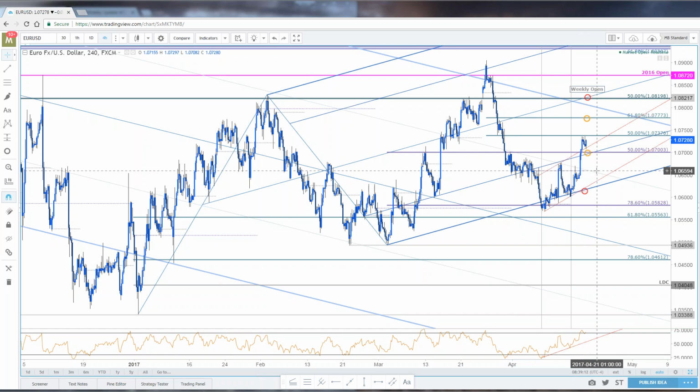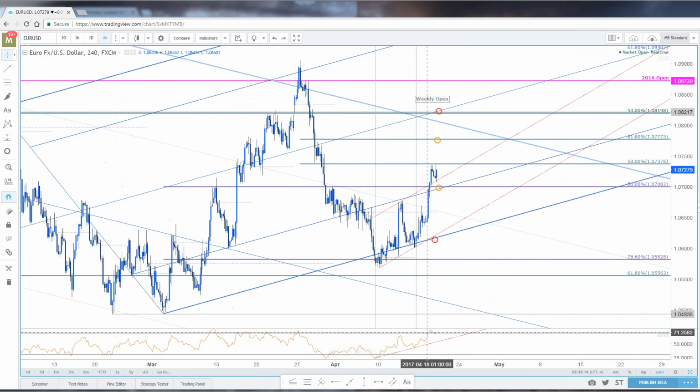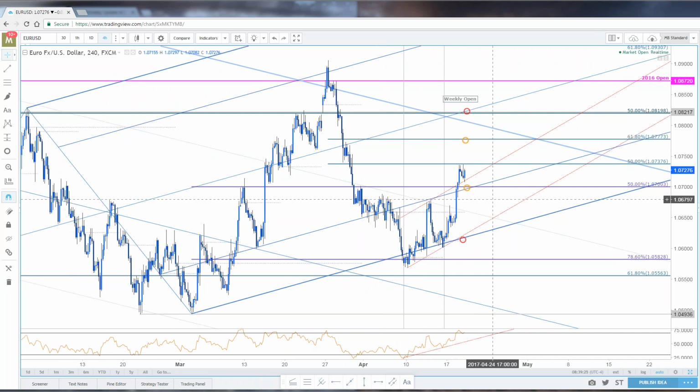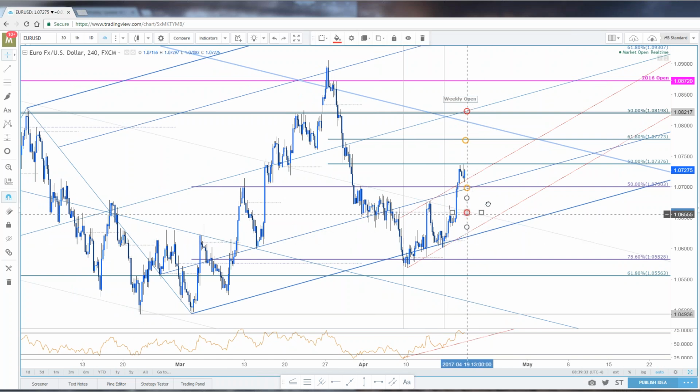So, near term, as long as we stay above that weekly, monthly open right here, the monthly open, 106.60, not 105.60, still going to favor the long side here in euro.